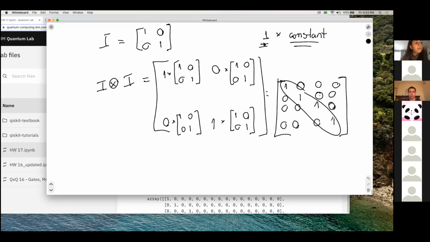It's the equivalent of multiplying a number by 1, you get the same result. If I multiply 1 by x, I have x as a result, so we call it an identity operation. Okay?